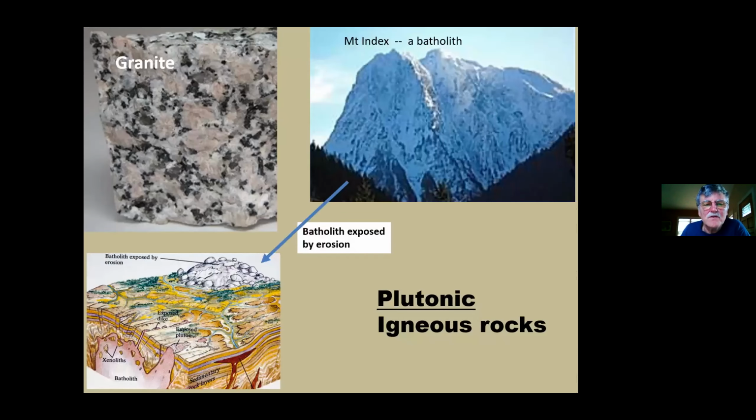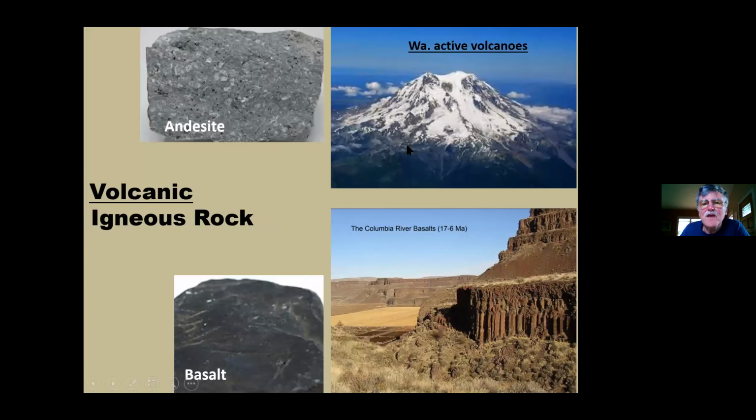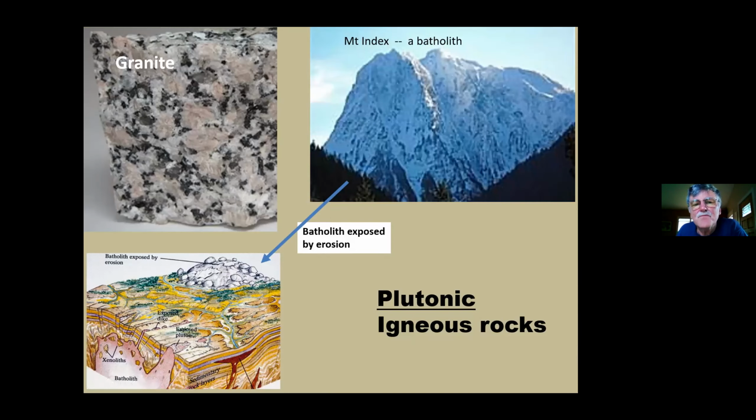And plutonic, where's plutonic? Well, remember I said that it formed slowly as the top eroded away. So here's the batholith. All this stuff is being eroded away until finally it peeks through. And here we have a batholith sticking up. And I can't see the top. Why can't I see the top?